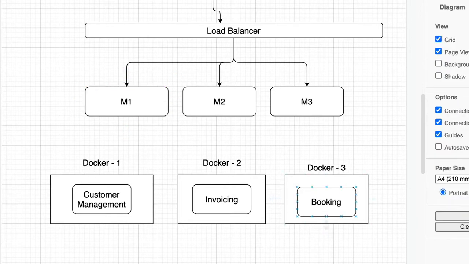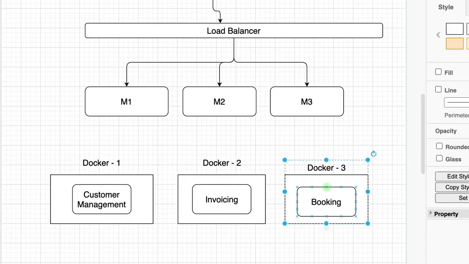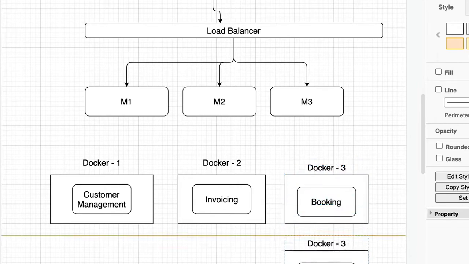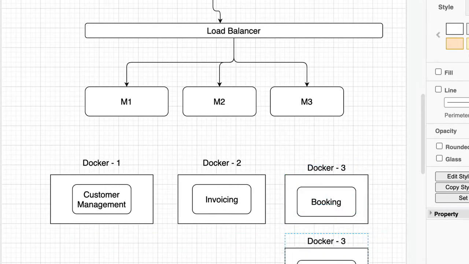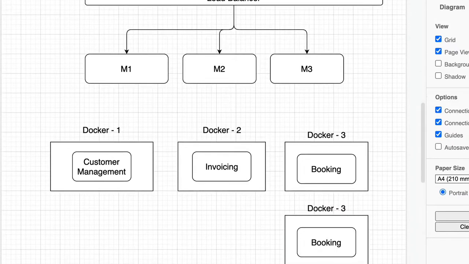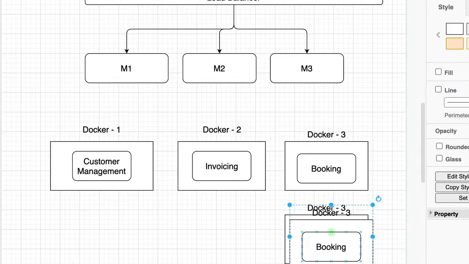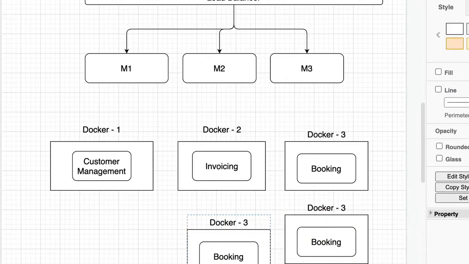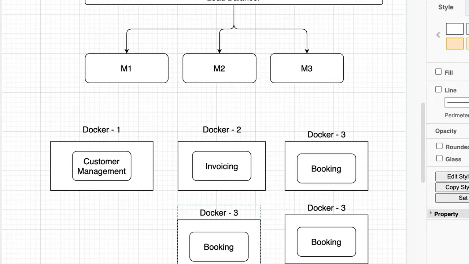But in this case, don't you think you will be able to scale only and only that one particular service? So you will have yet another Docker container hosting the same booking service. You will have yet another Docker container. So perhaps you've got 3 containers in which you are running the same booking service.